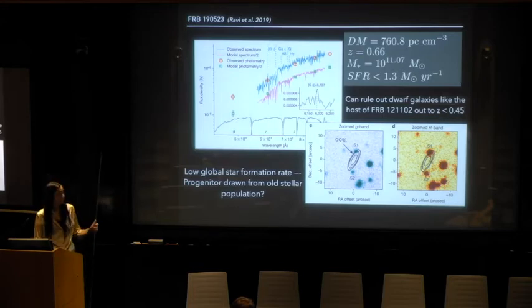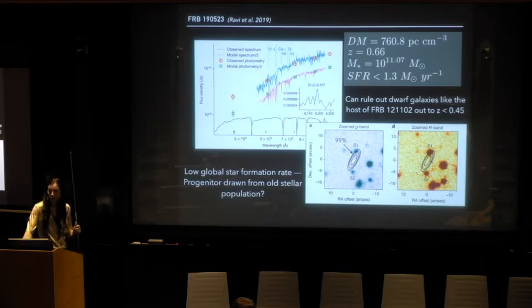So this host is really a lot more similar to FRB 1809-24, which I just talked about, which is generally a much more massive galaxy with little active star formation. And so again, this suggests that perhaps some progenitors come from an older stellar population.